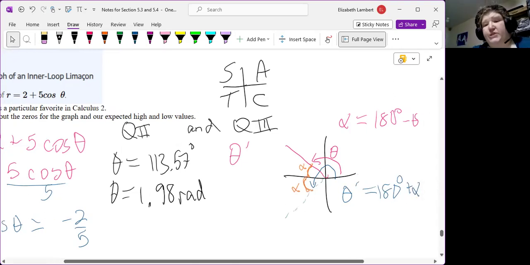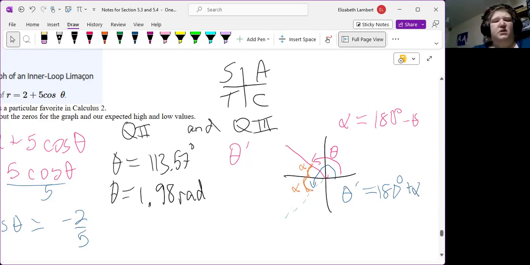So I could actually put this in here. It just gets weird. In my brain, it actually makes sense to leave this as two separate steps.